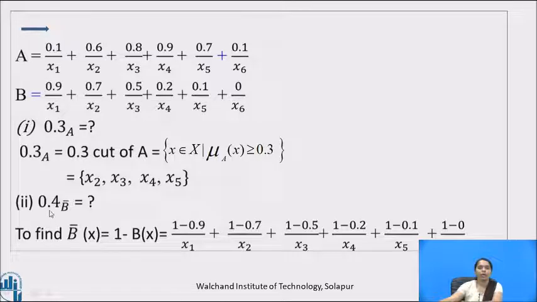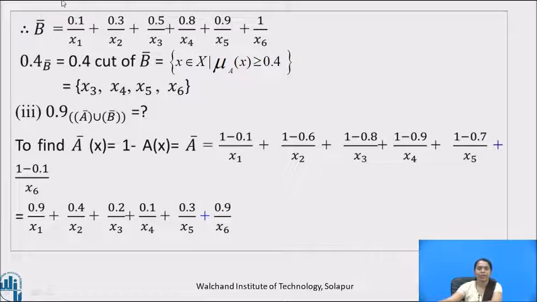In order to calculate 0.4 cutoff B bar, we have to calculate B bar of X first, which is 1 minus B of X. So, we have to subtract each membership grade from 1, so that we will get this new set B bar as 0.1 by X1 plus 0.3 by X2 plus 0.5 by X3 plus 0.8 by X4 plus 0.9 by X5 plus 1 by X6.